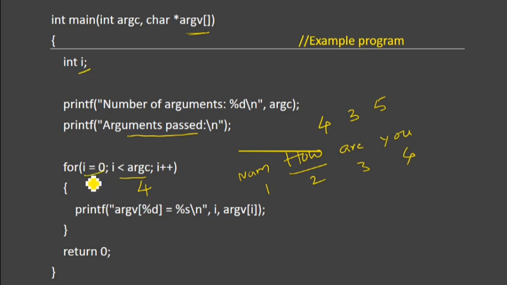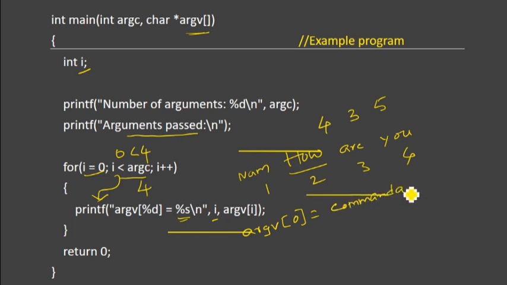Initially I declared i as zero, so zero is less than four. It comes into the for loop and prints argv. So i is first zero, right? So argv of 0 equals what is printed by the percentage s? Yes, because the first argument by default gives us the program name, that is nothing but command arg dot exe. So that will be printed onto the screen, because by using percentage s, argv of 0 will give us the command.